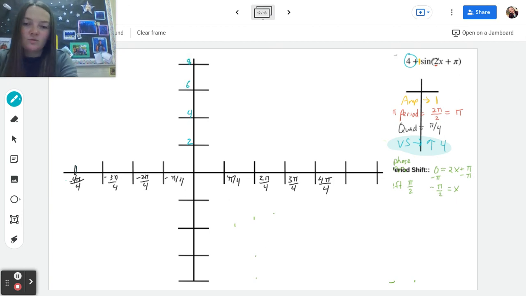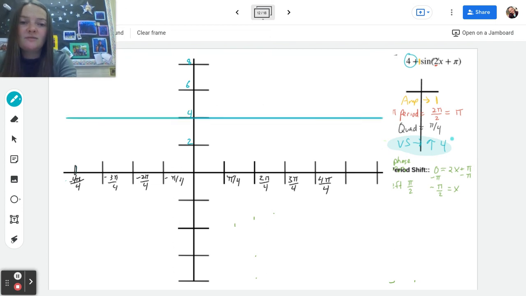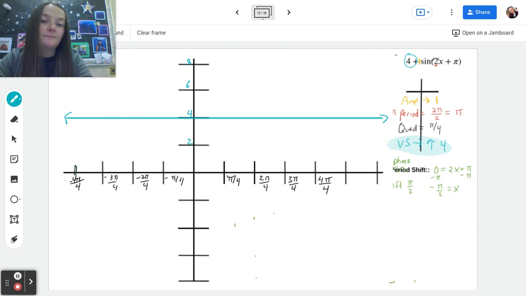Because we have a vertical shift of 4, my entire function is going to be shifted up 4, which means we're going to have a new midline at 4. So we're no longer going to orient everything on the x-axis. We're going to orient on the midline. The midline has been the x-axis for the last couple of examples, but now the midline is up 4.